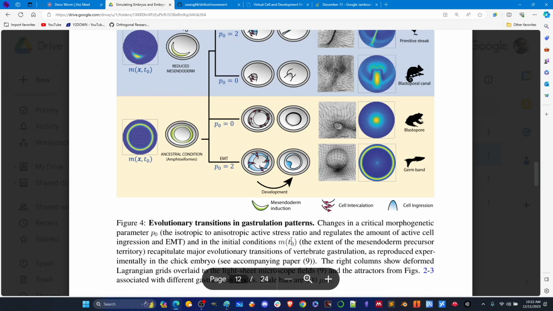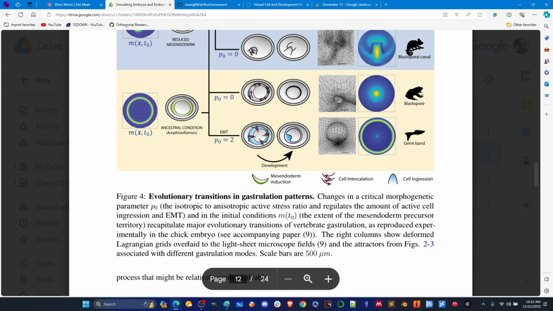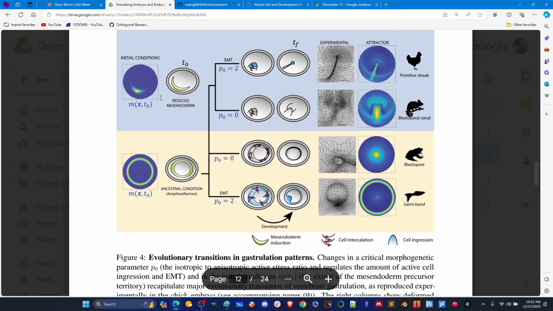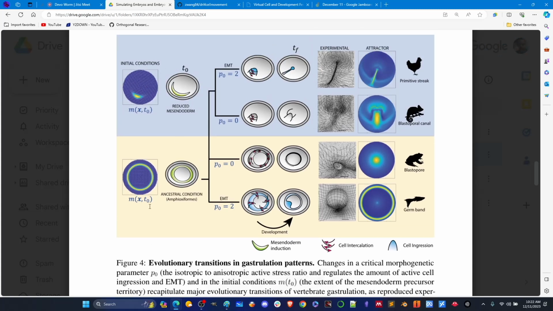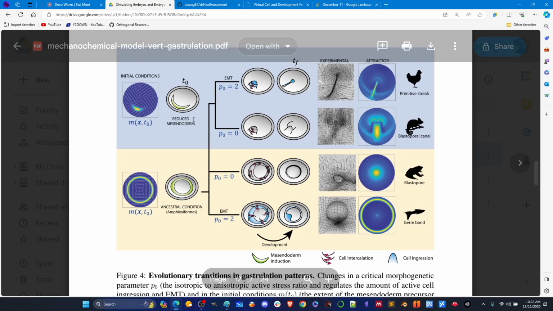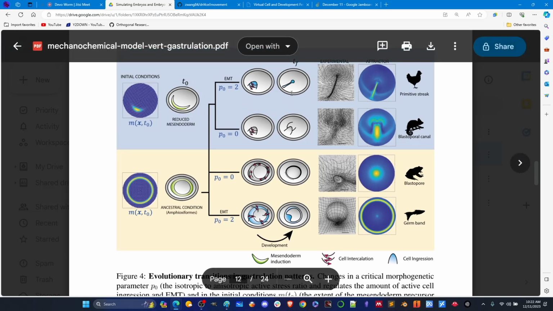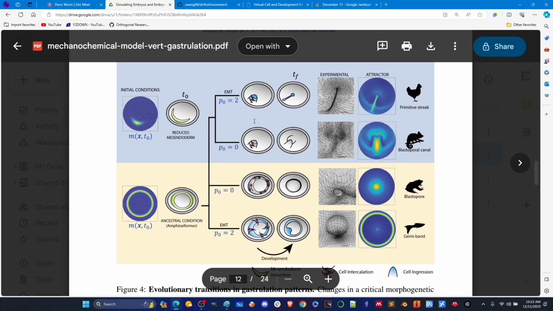Then the initial conditions MT0, which is the extent of the mesendoderm precursor territory. This allows us to recapitulate these events in evolution, largely the event going from this ancestral condition to the reduced mesendoderm. The reduced mesendoderm is the crescent, and it has these same dynamics though, which is the point.